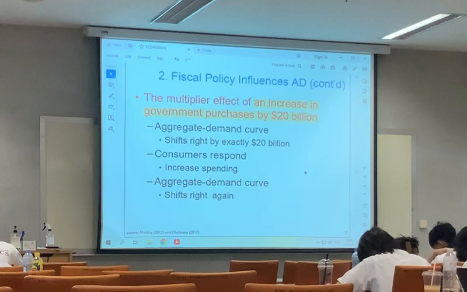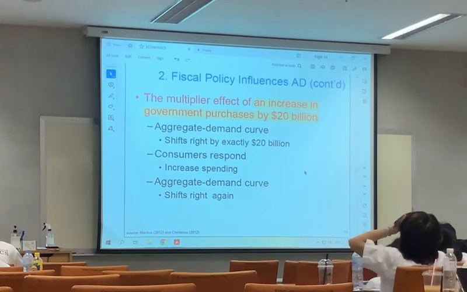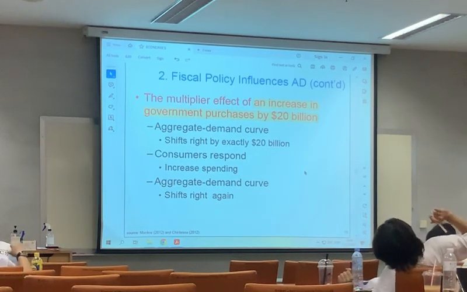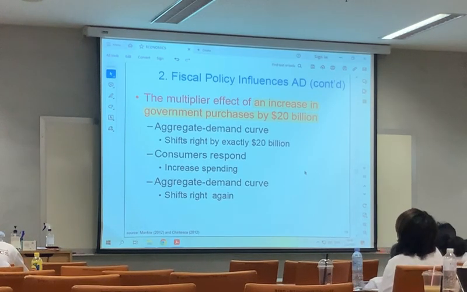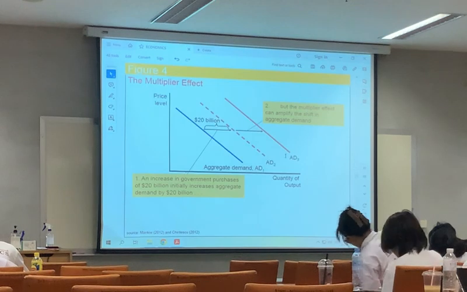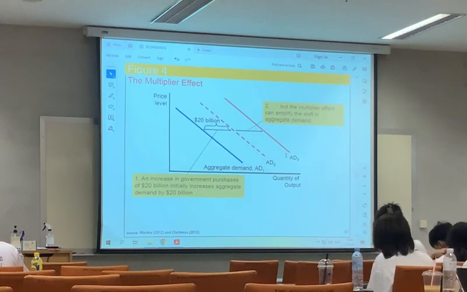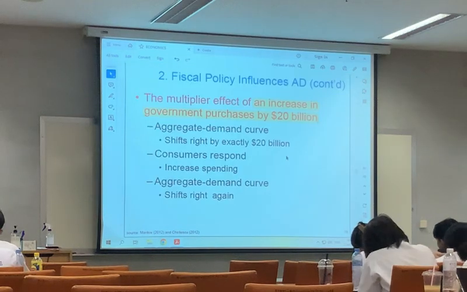I just suppose that the government used $20 billion to buy an aircraft. I will use this example to explain what happens in the multiplier effect. So we go to multiplier effects first. I also draw this graph, but in fact you don't have to draw it, you can just add your note.